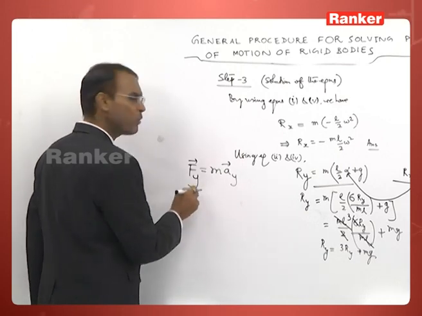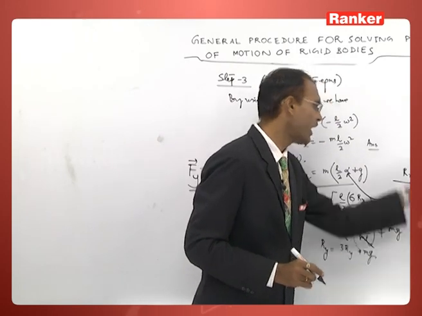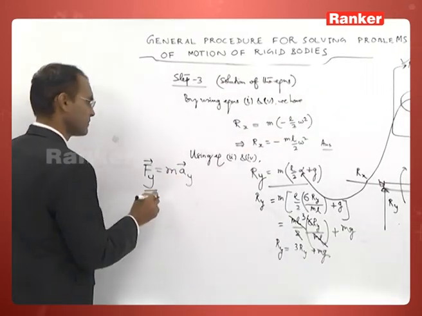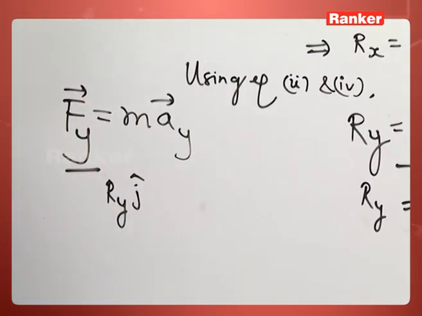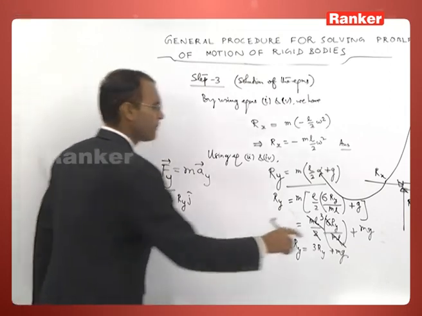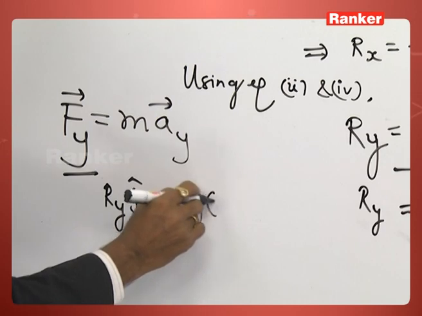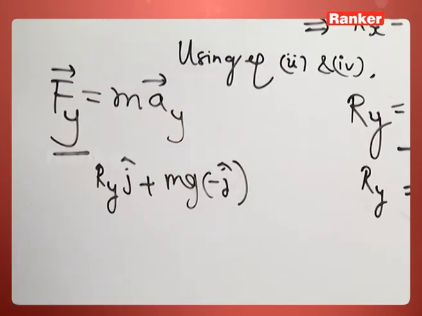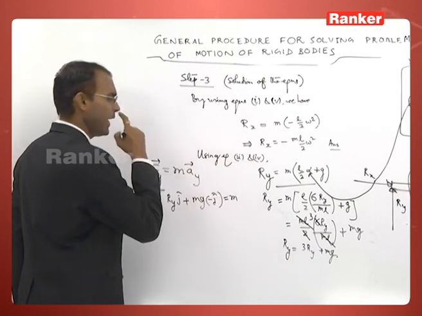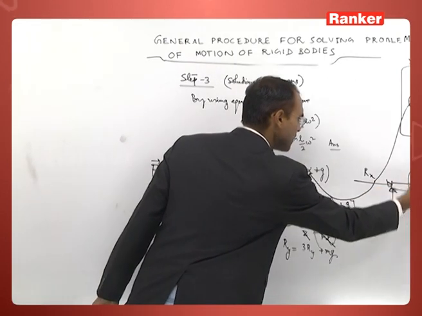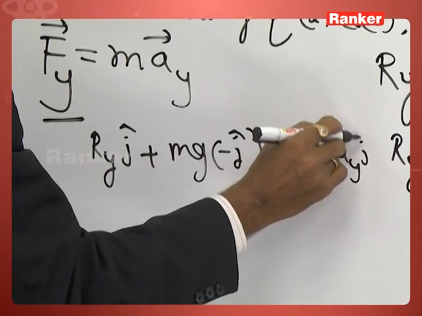When you consider the net force acting on the body along y direction, we have Ry in upward direction plus j cap, and gravity in downward direction minus j cap. That is equal to m times acceleration of the center of mass along y direction, which I have assumed down. Therefore, it will be minus ay j cap.